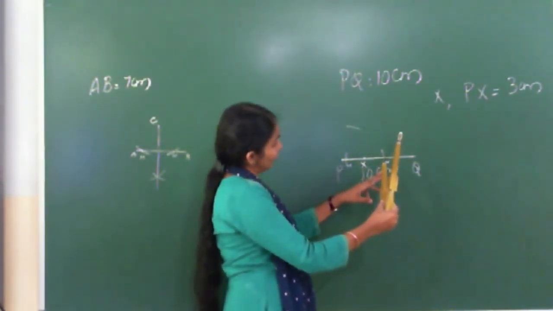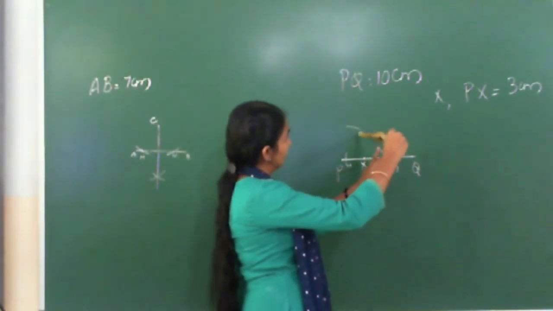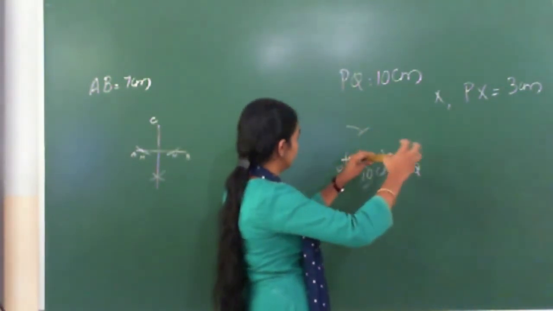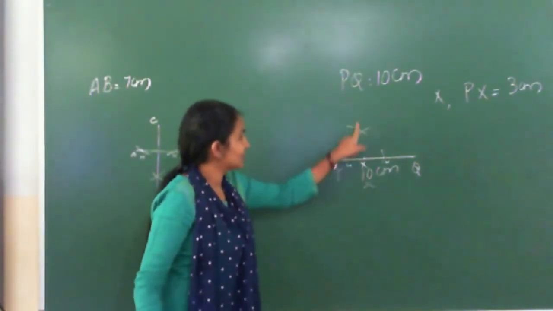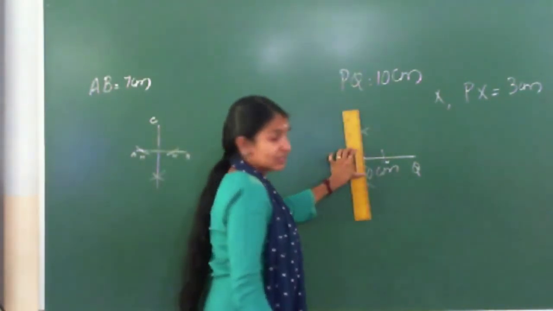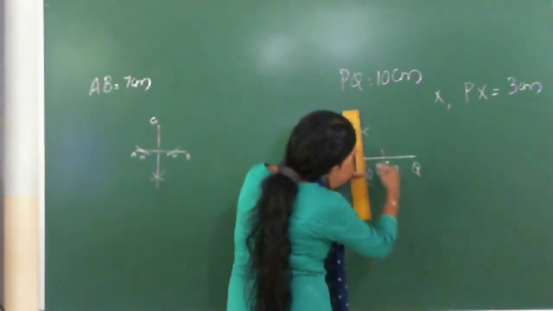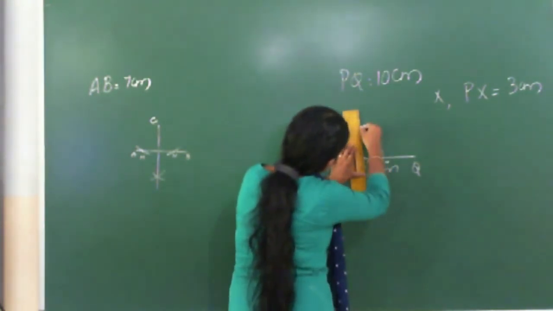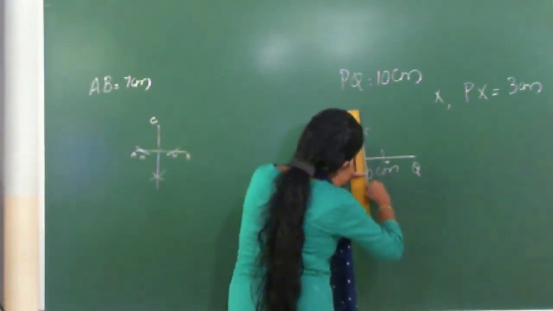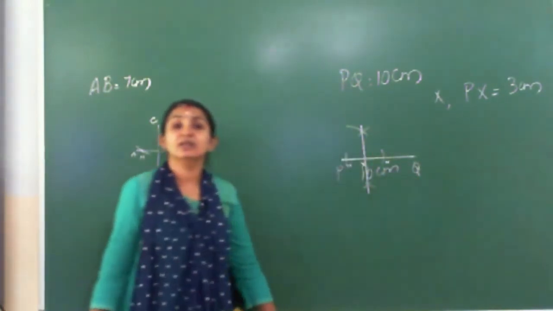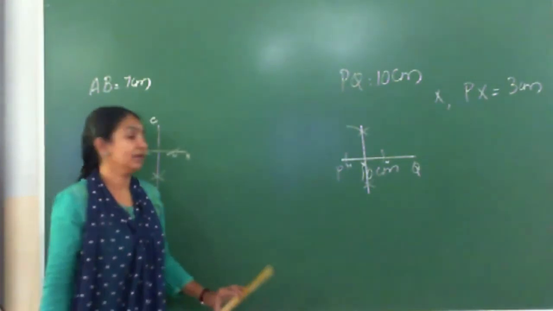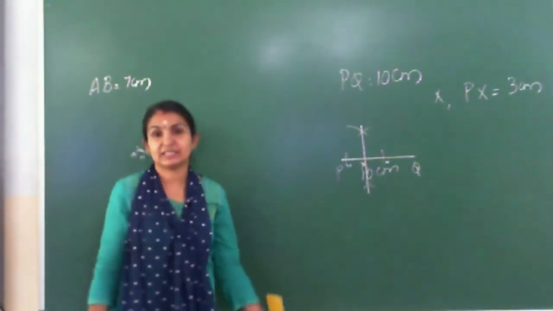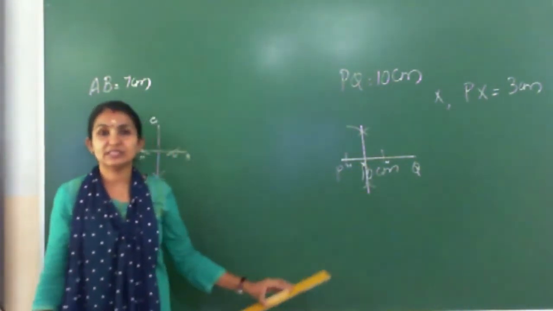Now, we are moving to N and then complete it. So, we just completed. Now, join these two. See, when we are joining these two, it will pass through this point X. This is the required perpendicular line through X. I hope this one is clear to you.